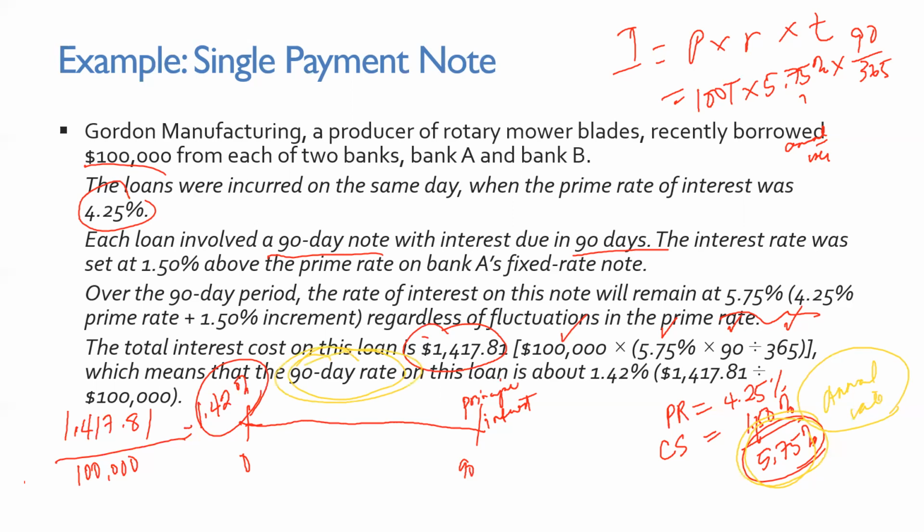And the period is from time 0 to time 90. So ang interest dito, 1.42%. However, kung i-roll over ko yan ng several other 90 days, right, meron yung equivalent na interest rate na pang-annual interest rate. And that's the effective annual rate. Okay?